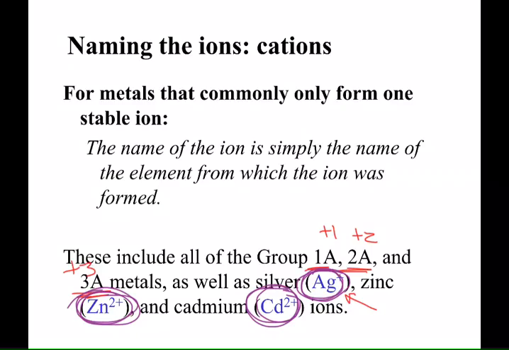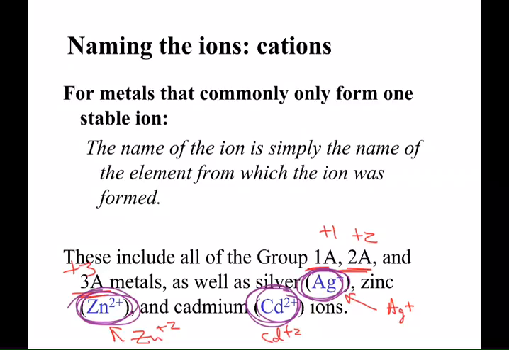So silver is always an Ag+, and the other two are +2. So cadmium's always a +2, and zinc is always a +2. And for those, you just say the name of the metal, okay? So those, life is easy.